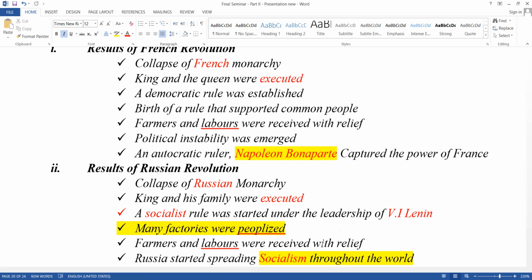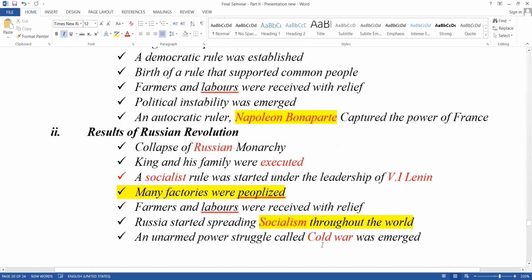So if they ask a question, what are the influences of the Russian Revolution to the world, you have to say that they started spreading socialism. Why? To attract countries to their camp, the socialist camp. They did many things to attract. Because of that, the Cold War situation emerged.